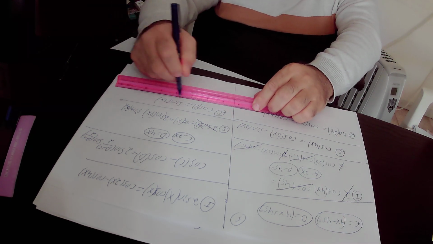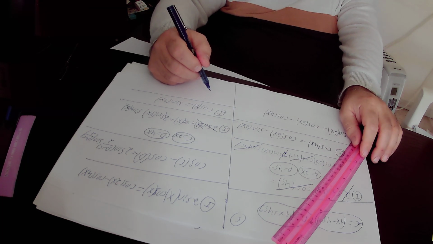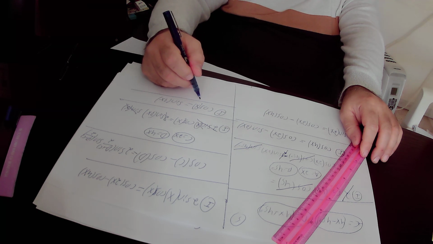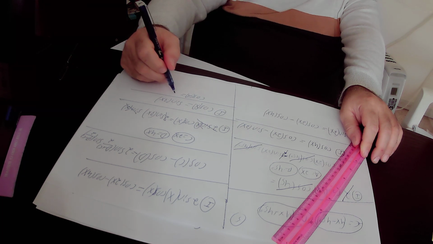We have the trigonometric identity that states that cosine alpha equals sine (90 degrees minus alpha).